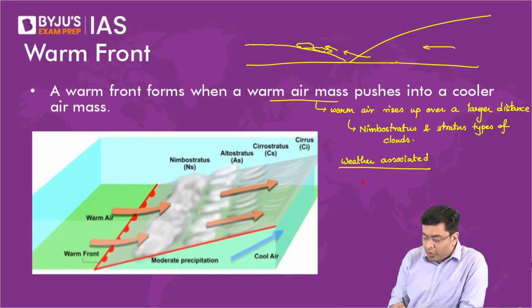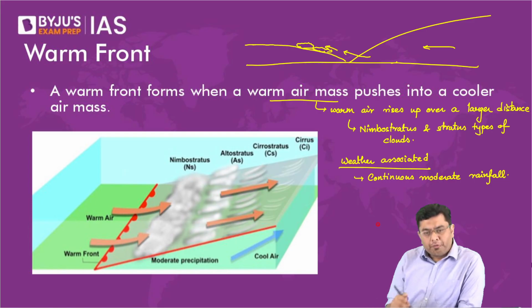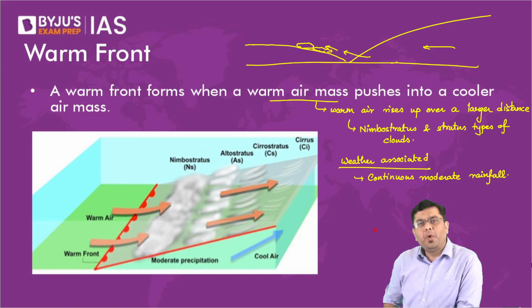So here you will observe continuous moderate rainfall, okay? For a prolonged duration, you have that continuation of rainfall. Now, this rainfall is created why?